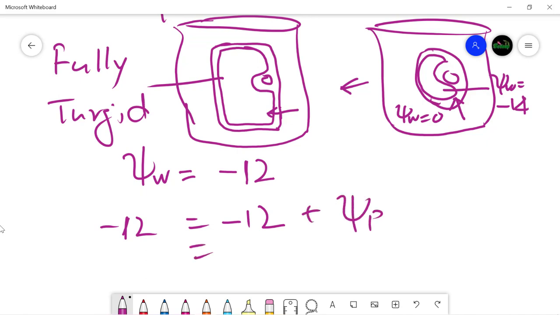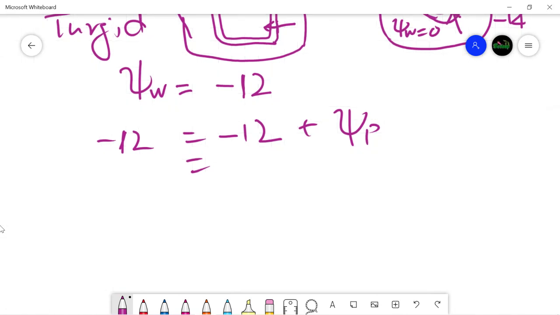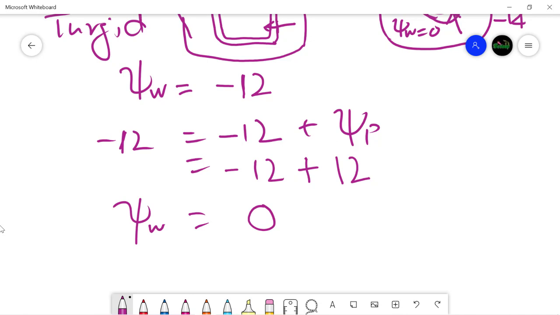So what we'll get as far as its water potential is concerned is minus 12, and there will be a pressure development of plus 12 bars. So minus 12 plus 12 becomes 0. So its water potential will become 0, and it will equilibrate with the water potential of the outer container, that is the beaker.